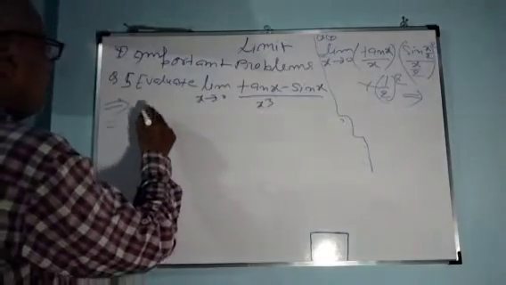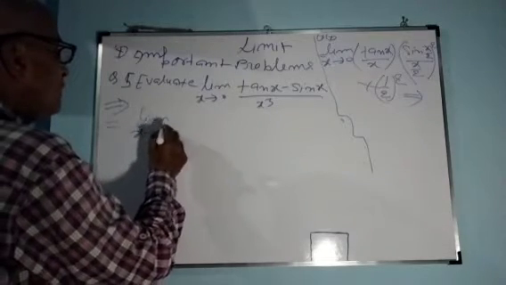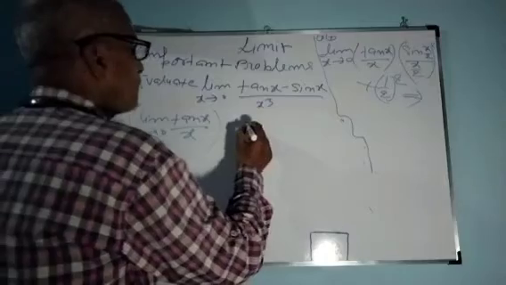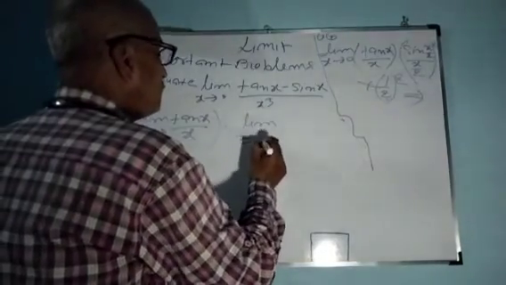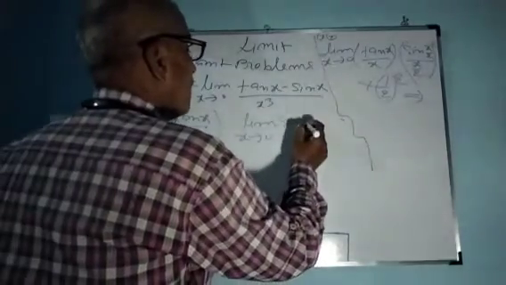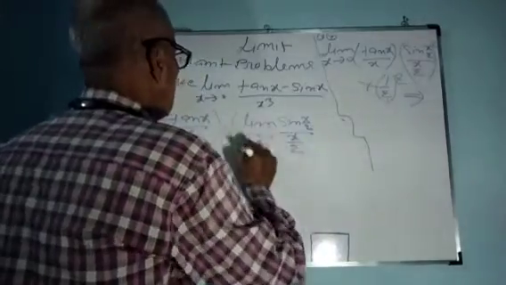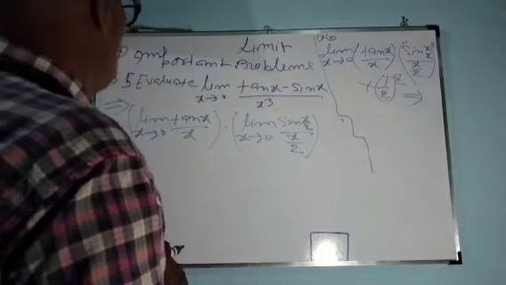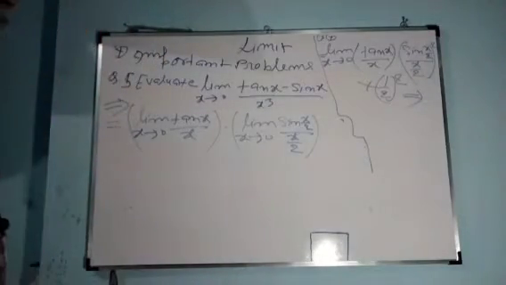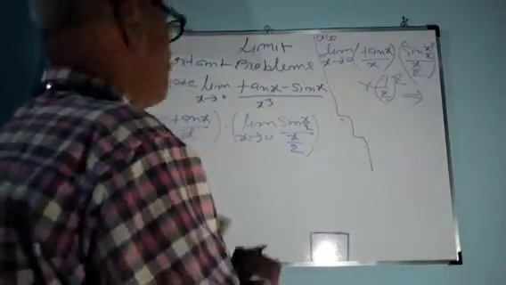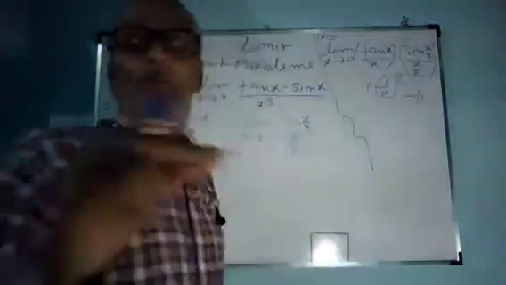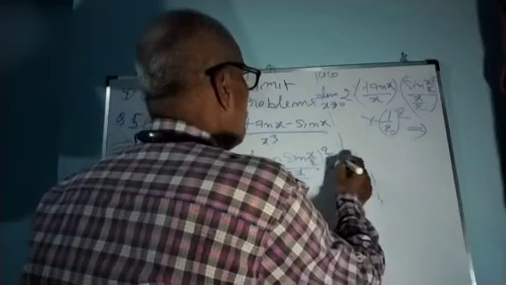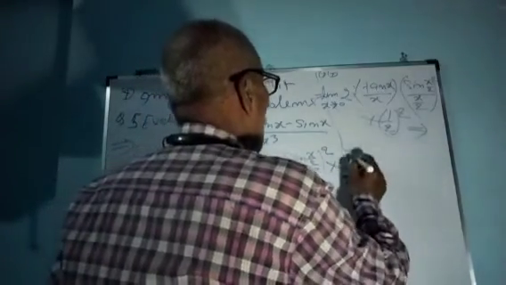This is equal to limit x tends to 0, tan x by x, applying the limit to both, into limit x tends to 0, sin x by 2 by x by 2 whole square into 1 by 2 whole square.